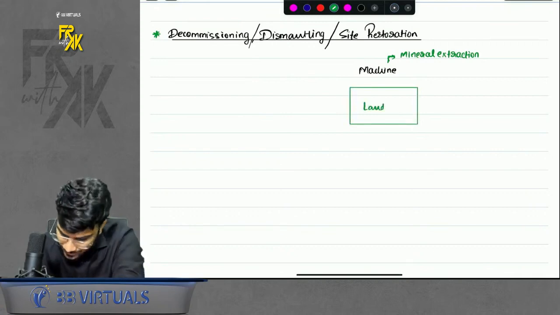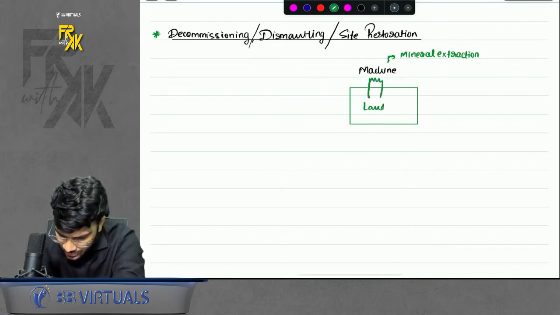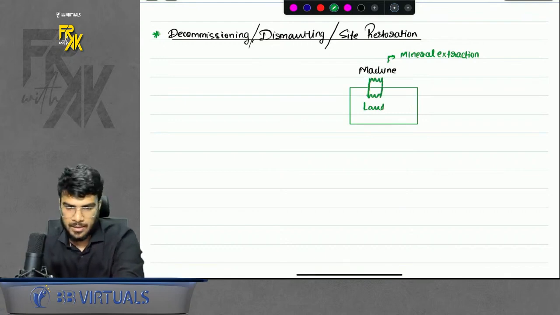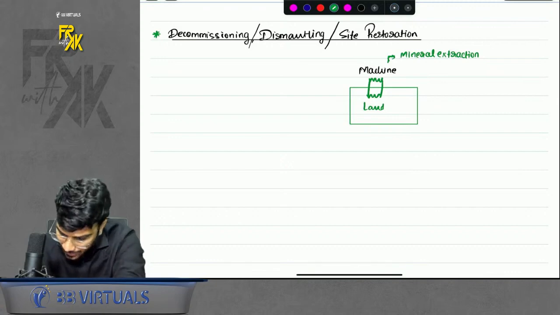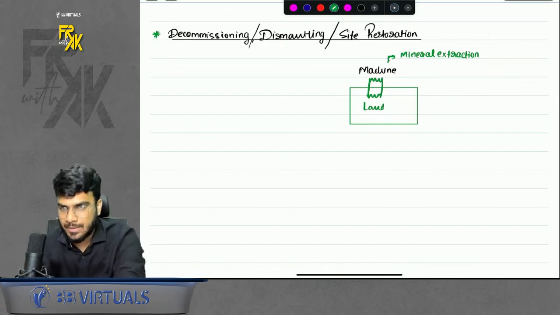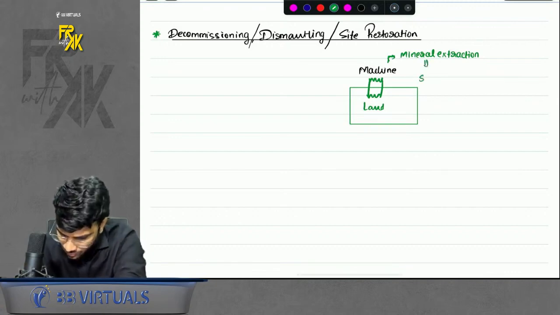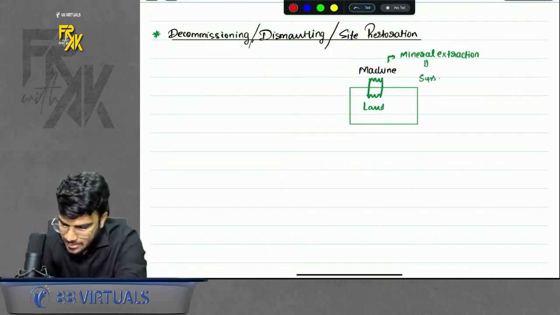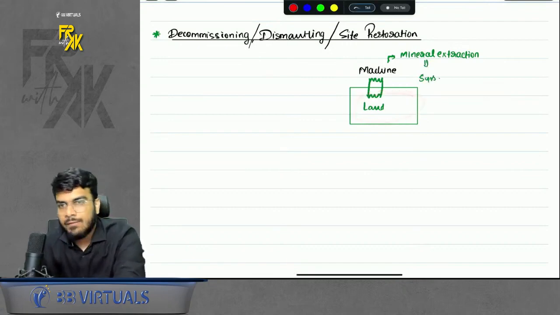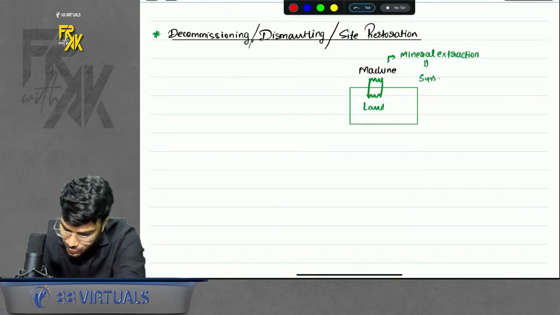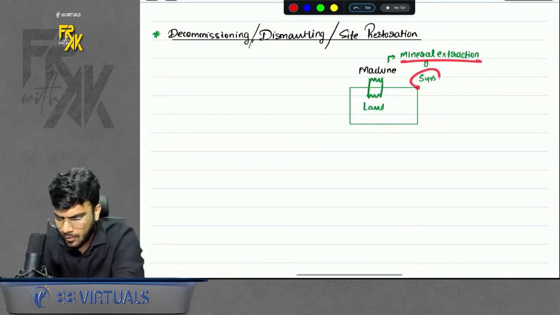In this land you will install your machine. Let's say I've installed the machine underground, and from here you can extract the minerals for 5 years. So basically this land belongs to the government. The government will grant you permission so that you can install the machine in this land and extract the minerals for a period of 5 years.